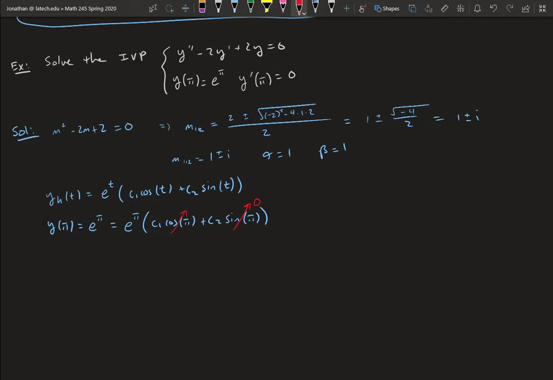Cosine of pi is negative 1. So this is going to be e to the pi times negative c1.